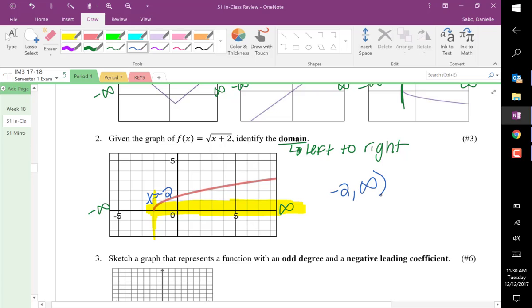Am I including negative 2? Is there a hole or anything? Can I include negative 2? Yeah, so I have to put a bracket, because remember last chapter we talked about these things called holes or removable discontinuities. So I have to be aware of how I write this out.